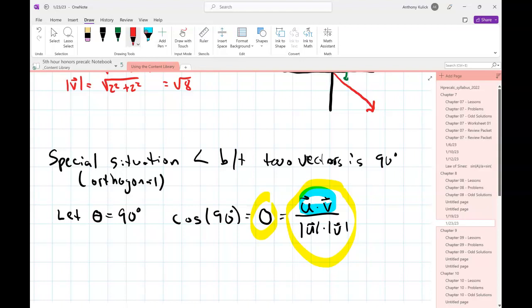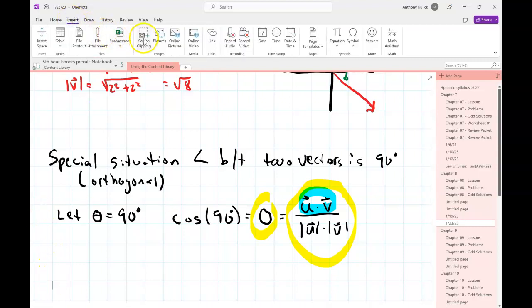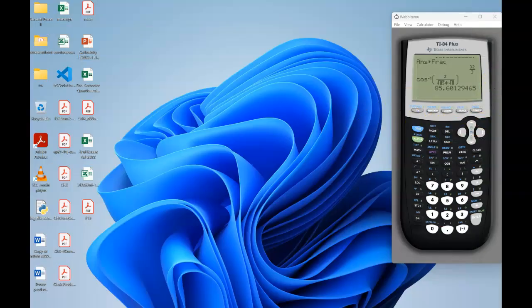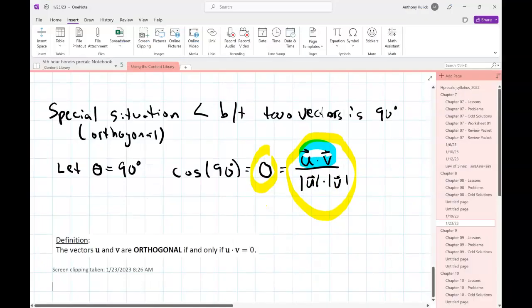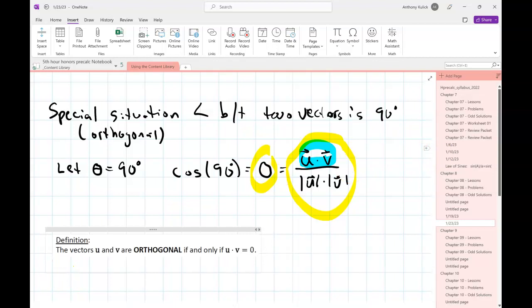So we can say formally that two vectors are orthogonal if and only if their dot product is 0. Which is lovely, right? If I know the two vectors are orthogonal already, I immediately know their dot product is 0. Or if I find their dot product equals 0, I know that those two vectors are orthogonal.